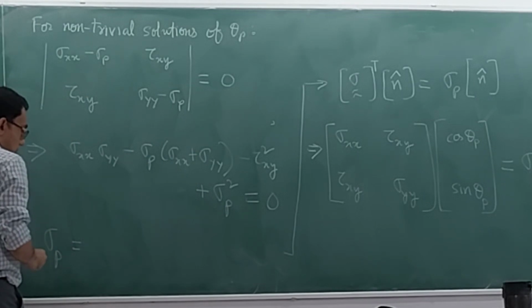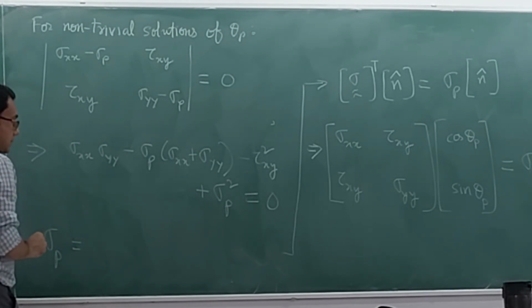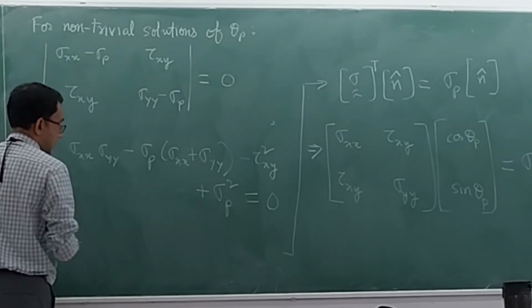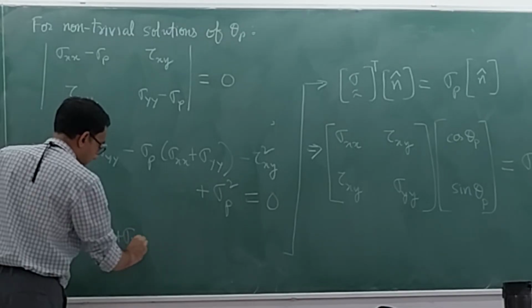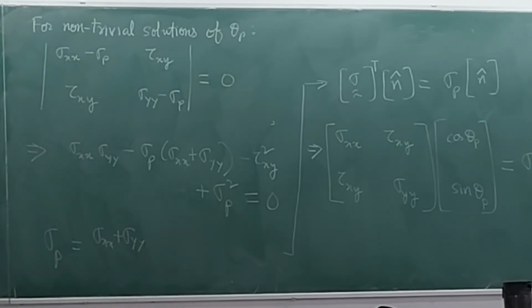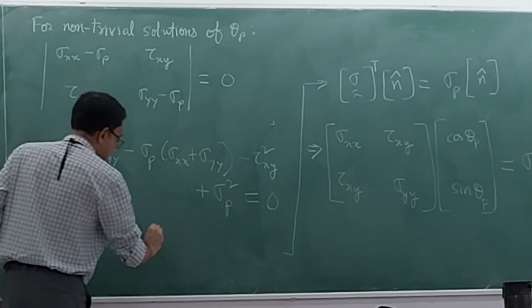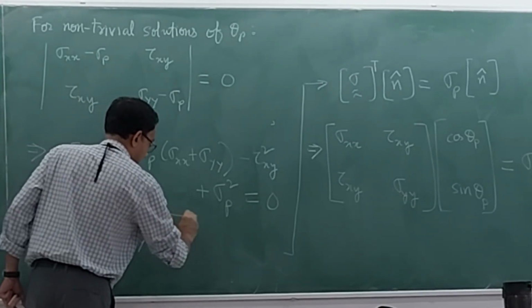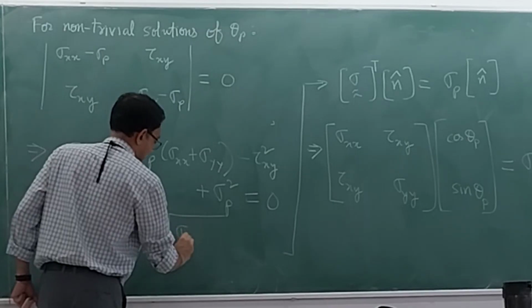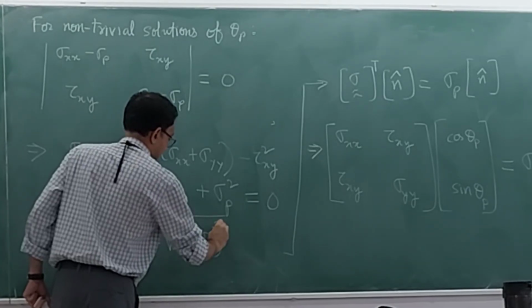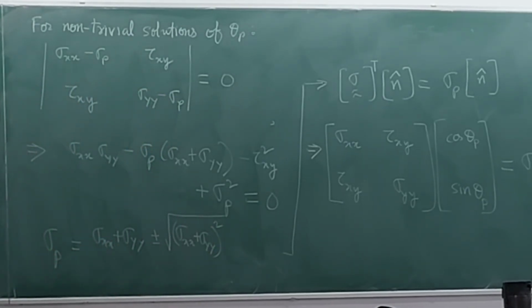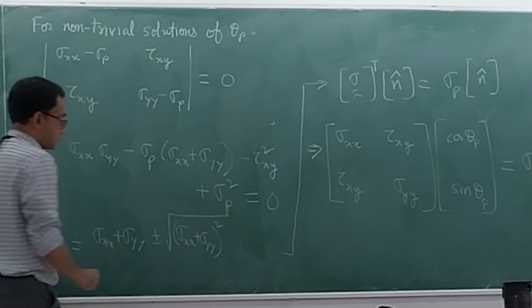I'm skipping a few steps here. So sigma p is minus b, where b is sigma xx plus sigma yy, plus or minus the square root of b square minus 4ac.